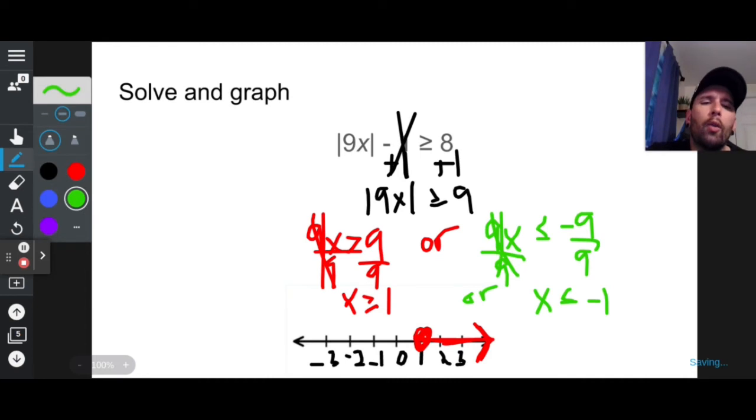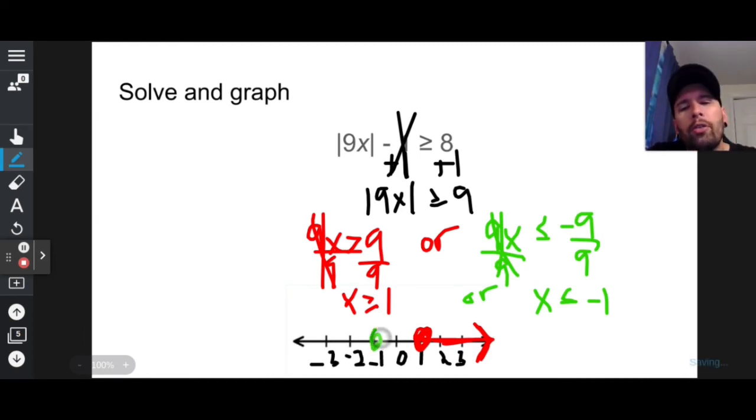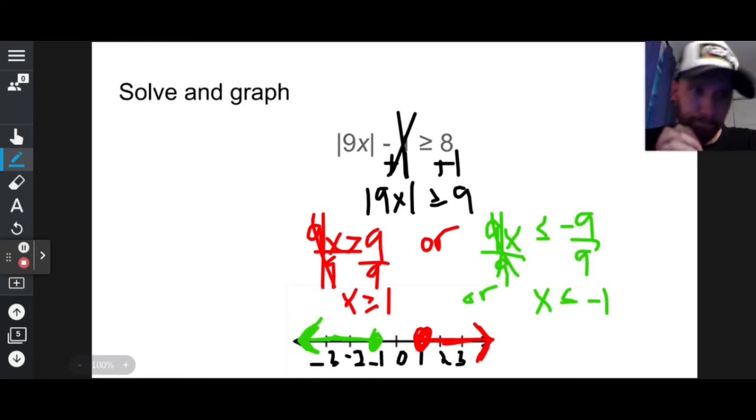And if I'm going to graph the green one, I'm going to put in a filled-in circle at negative 1. Go to the left. And there you have it.